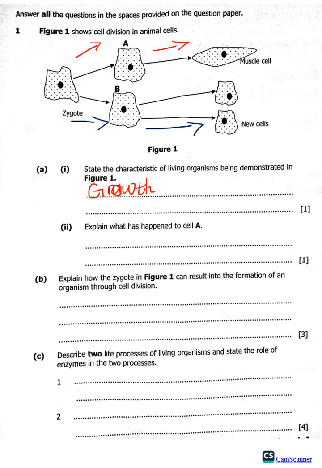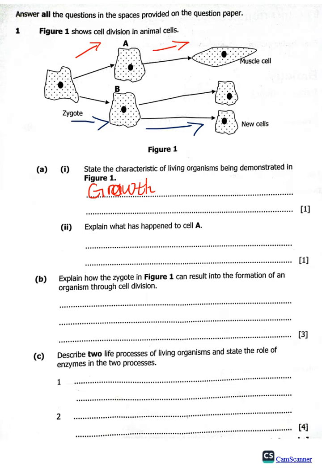So now we are trying to look at what happened to this cell which had no name and no function at this particular point, then giving us a muscle cell. So this is what we call cell specialization. When a cell undergoes specialization, it becomes specialized in a certain function as well as structure.